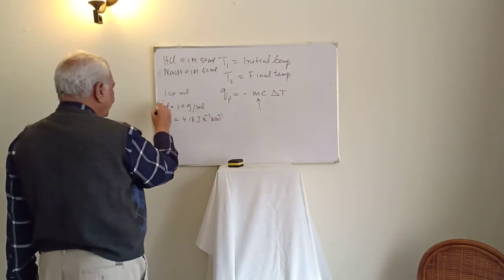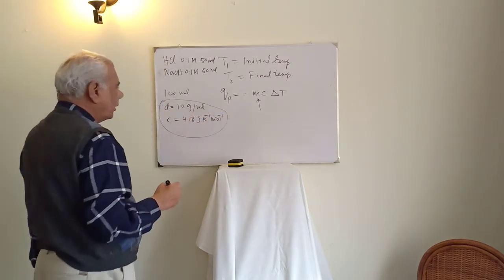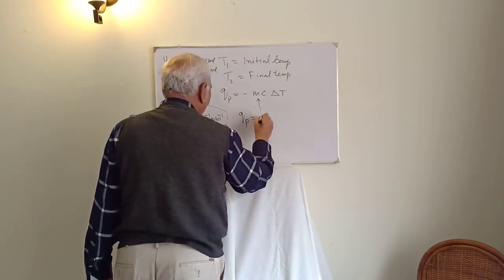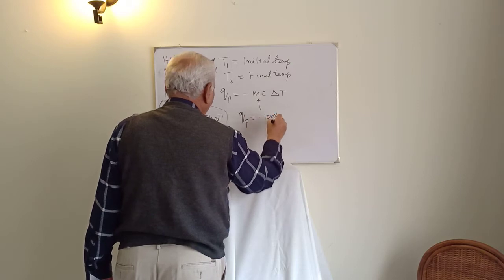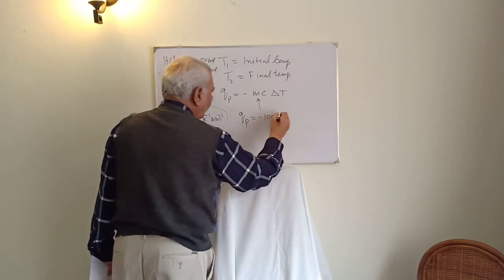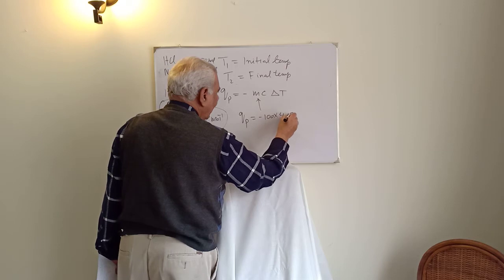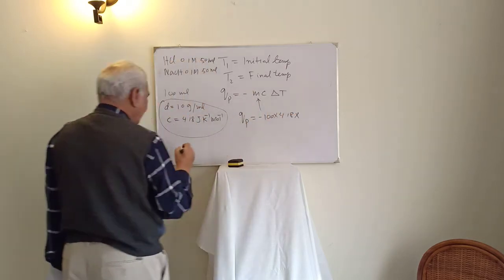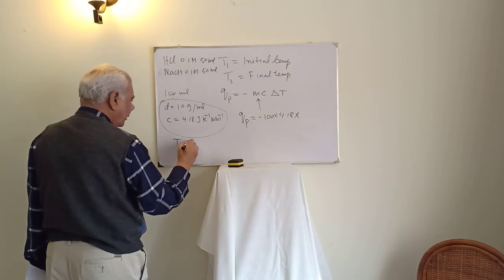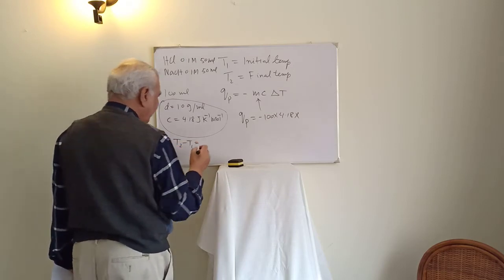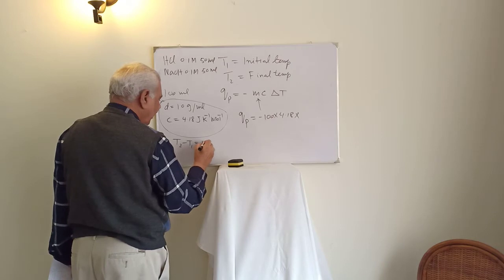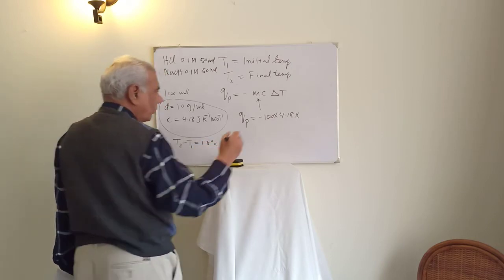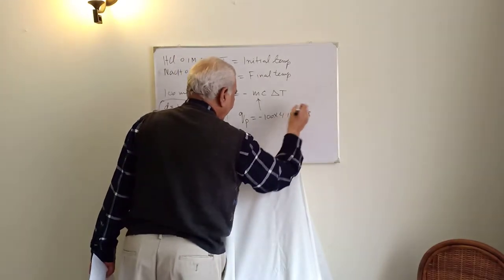With this, we can calculate the heat released as minus 100 into 4.18 into, and suppose T2 minus T1 is say 1.8 degree centigrade. So this will be 1.8 degree centigrade.